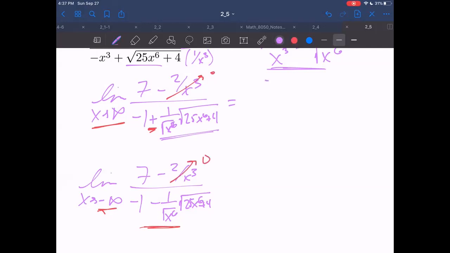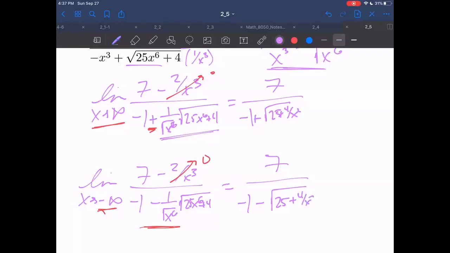So we get 7 over -1 plus root 25 plus 4 over x squared. Likewise, we get 7 over -1 minus root 25 plus 4 over x squared. That goes off to 0 inside the radical. So we get 7 over -1 plus root 25 and 7 over -1 minus root 25.